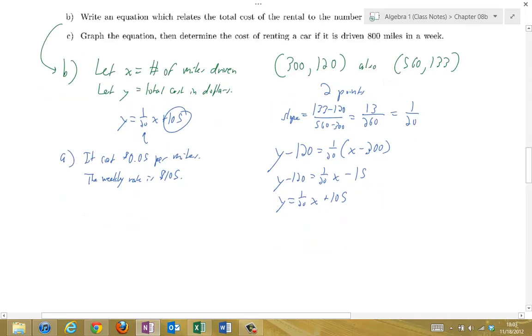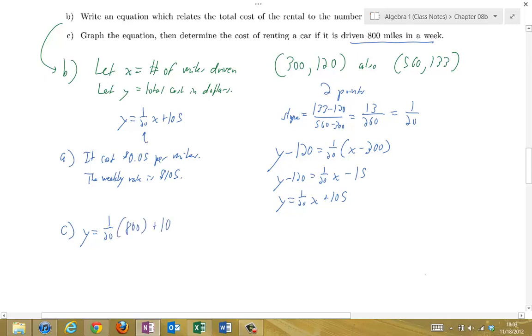Then graph the equation, and determine the cost of renting the car if it is driven 800 miles in a week. Here's the deal about the 800 miles in a week thing. I can actually figure that out right now without graphing, because for 800 miles I'm just going to substitute that for x. 1/20th times 800 plus 105. 1/20th times 800 is 4, plus 105, sorry.